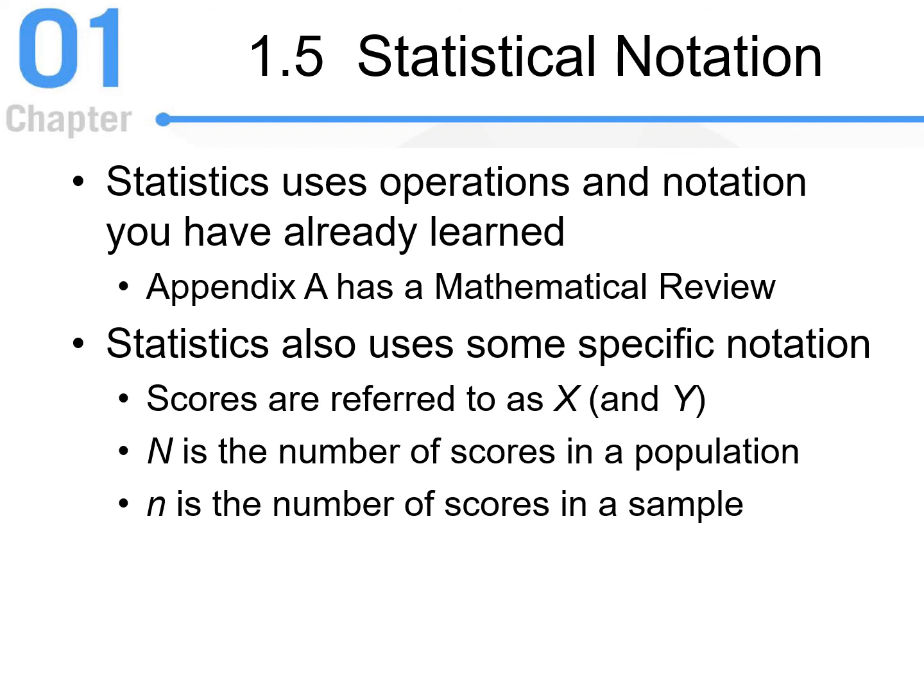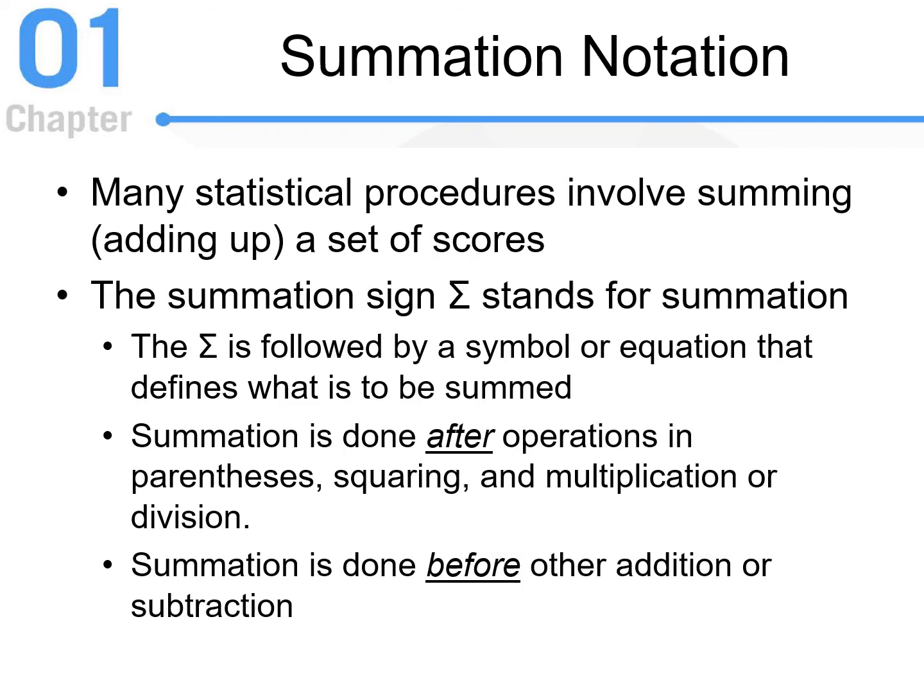You're going to see this throughout the course. And you may see the summation sign come up. This means sum, or add everything up. So whatever is following this capital sigma, this Greek letter, you're going to add everything up. If it says sum of x, that means you add up all the raw scores.